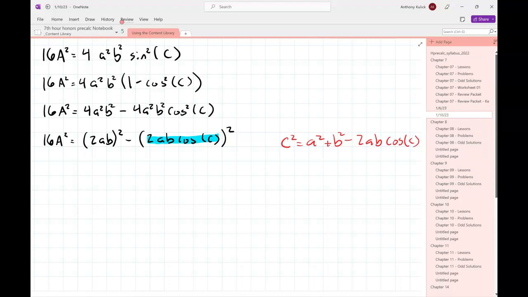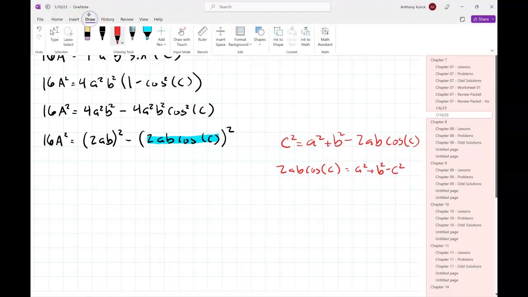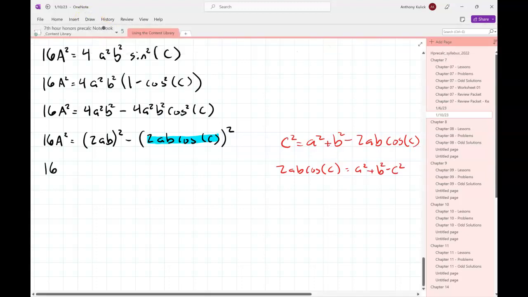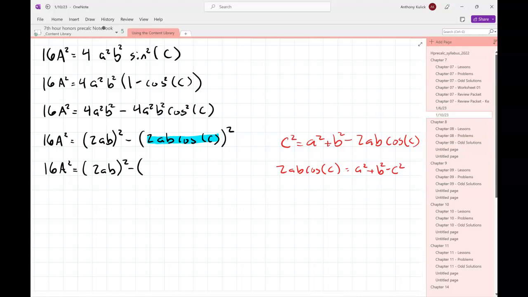So if I add the 2ab cosine c to the other side, and then subtract the c squared from the other side, I can make a substitution now. Like that.